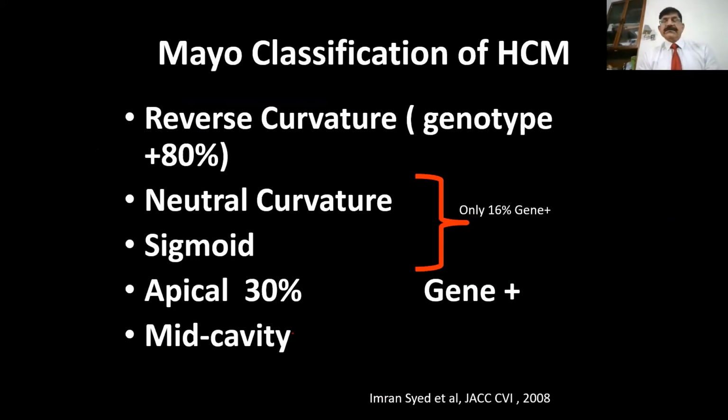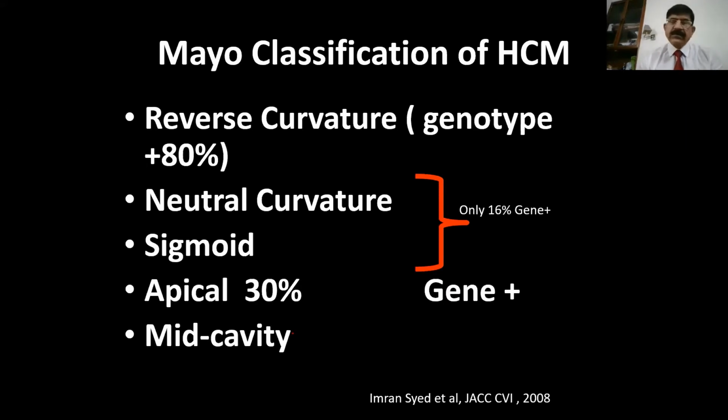Mayo, Jamil Tajik and colleagues, and the first author is their fellow Imran Syed, described another classification of hypertrophic cardiomyopathy. Based on the curvature of the septum and hypertrophy involvement, they called it 5 types: reverse curvature, genotype 80% positive; neutral curvature; sigmoid; apical hypertrophic cardiomyopathy; and mid-cavity obstruction.